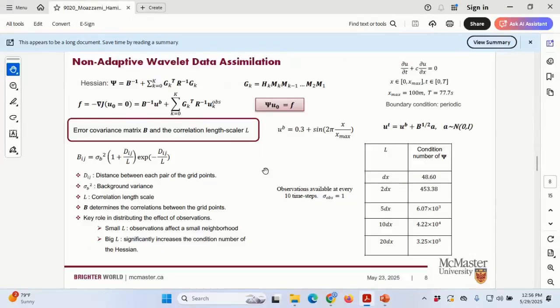But that's very influential on our solver. Sometimes it needs to be a big value in order to get high accuracy. But as you see in the table, it highly increases the condition number of the Hessian, which means our solver would be too slow and sometimes it does not converge. So here we need to compromise between accuracy and efficiency and choose a value in between.